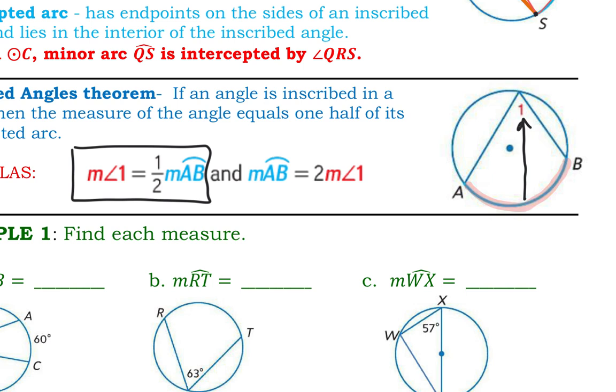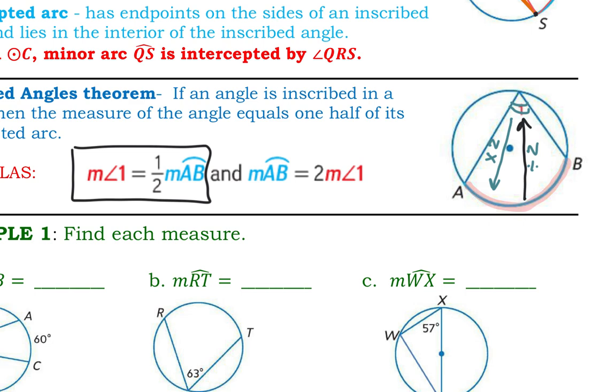In reverse, if you have the angle and you're looking for the arc, you're going to do the opposite. What's the opposite of dividing by 2 or halving? Multiplying by 2. So if you have the angle and you're looking for the arc, you're going to multiply by 2. So if you're going in, you divide by 2. If you're going out, you're multiplying by 2. And that's all it is with inscribed angles.